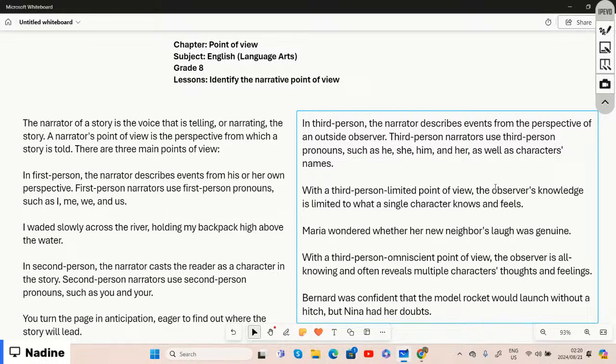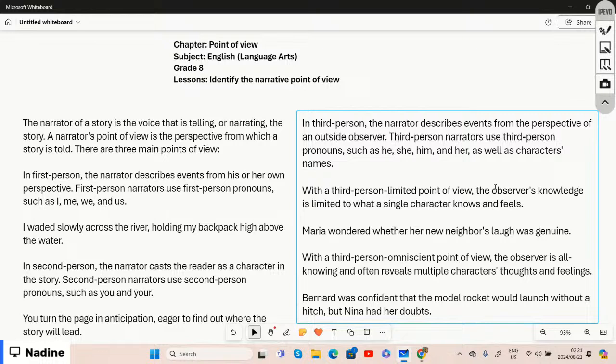All right. So when it comes to these three different points of view, remember, whether you give your point of view in the first person, in the second person, or in the third person, your view is still being given across.